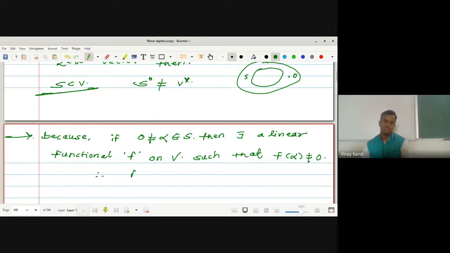Therefore f does not belong to the annihilator of S. Hence the annihilator of S is not equal to V star. The reason is that if a non-zero vector alpha belongs to S, then there exists a linear functional f on V such that f of alpha is not equal to 0.